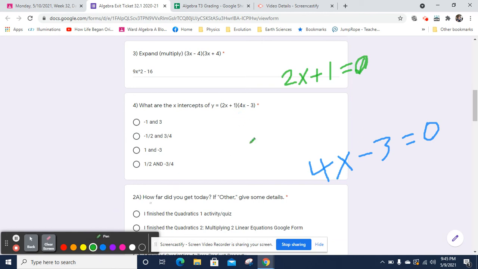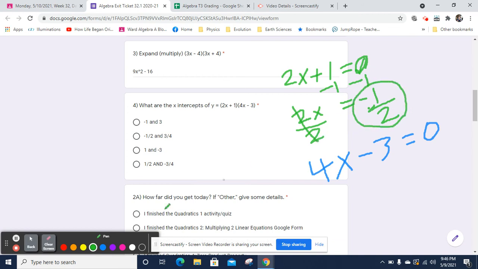So for this first one, we'll subtract 1 from both sides. And you'll end up with 2x equals negative 1. And then you will divide both sides by 2. And when you do that, the 2's cancel out, and x equals negative 1/2. And then over here, we're going to add 3 to both sides.